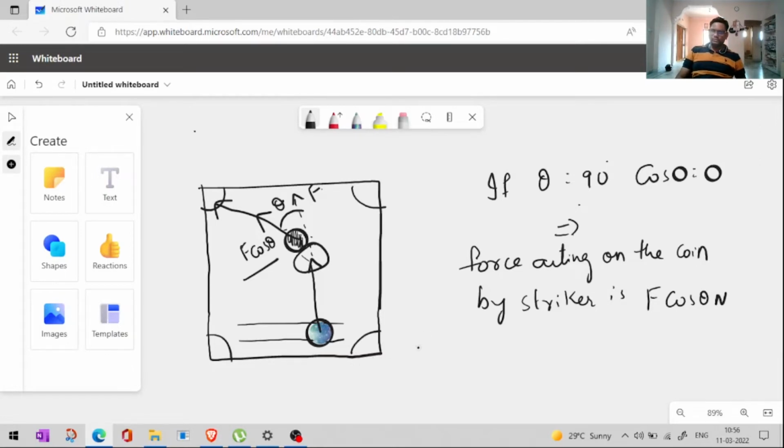Now if theta equals 90, the force acting on the coin by the striker will be cos 90, which is 0. So this is cos 90, not cos 0. Sorry. This is cos 90.